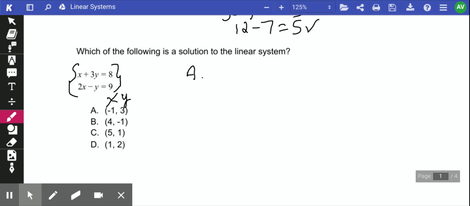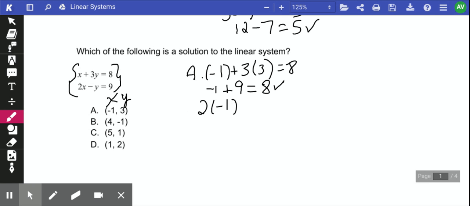So let's try choice A. So we have x is negative 1, y is 3. Negative 1 plus 3 times 3 is equal to 8. Negative 1 plus 9, hey, that does equal 8. That checks out. Let's try the second one. 2 times negative 1 minus 3 equals 9. So negative 2 minus 3 is definitely not 9.